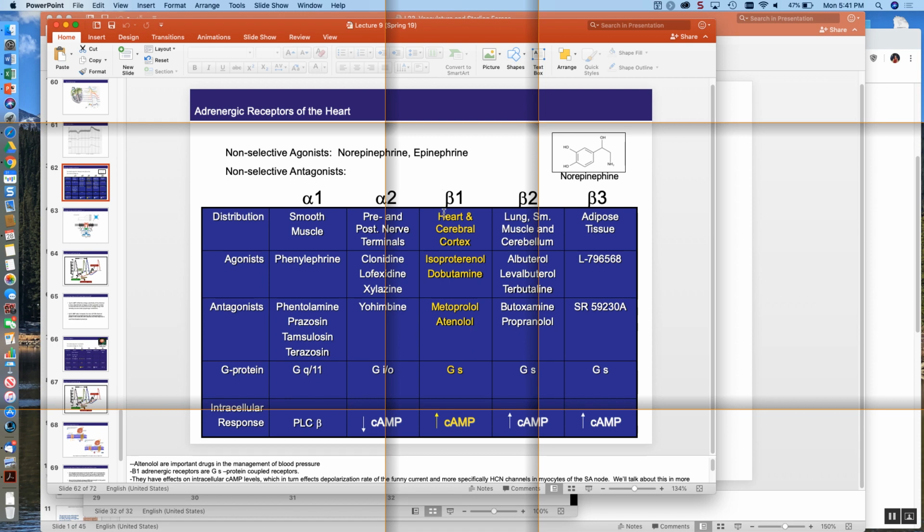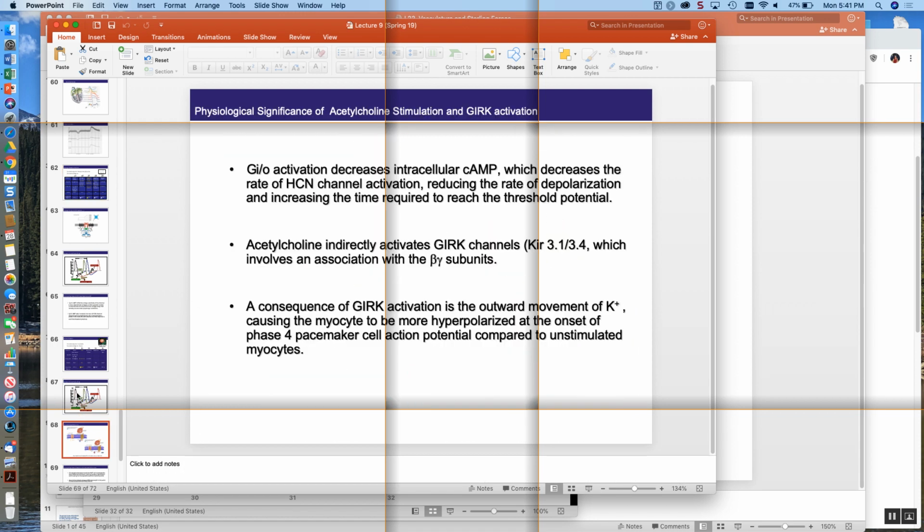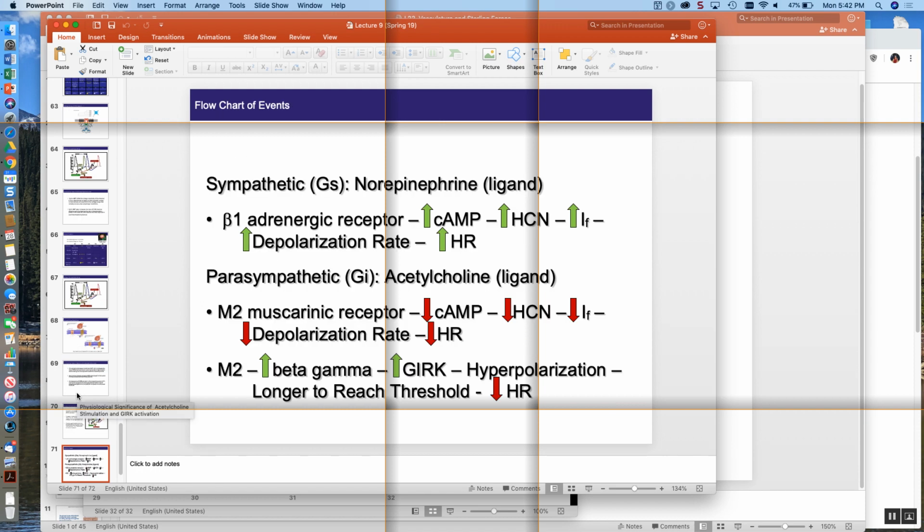Okay, so take-home message here. This is the slide to really focus on. This incorporates everything. With the sympathetic surge, it's Gs coupled, it increases cyclic AMP, increases the activity of HCN channels, increases the phase 4 depolarization rate, and increases heart rate. Now with parasympathetic, it does all the opposite.